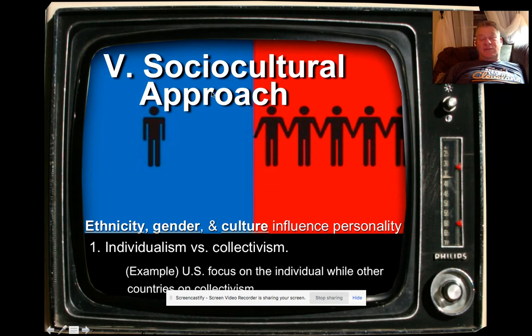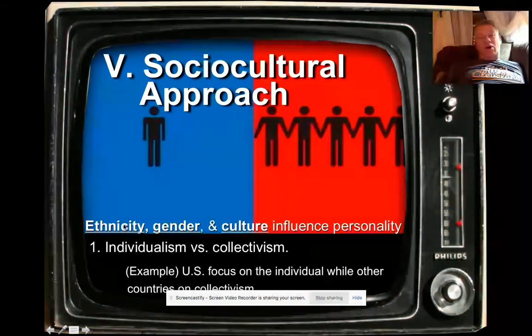And then the last approach when it comes to making personality is the psychocultural approach, where ethnicity, gender, and culture influence the personality that we have. Being a man or a woman, Hispanic or Latino, Asian, Caucasian, African American are all part of somebody's ethnicity, and there are choices involved with that in your personality.